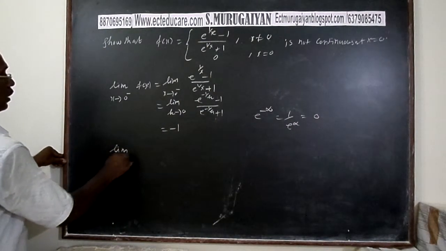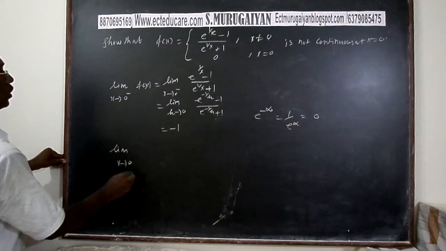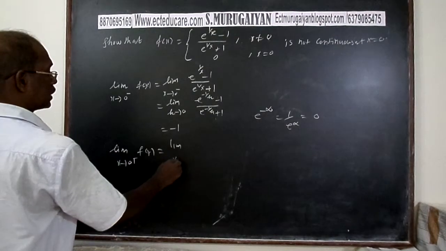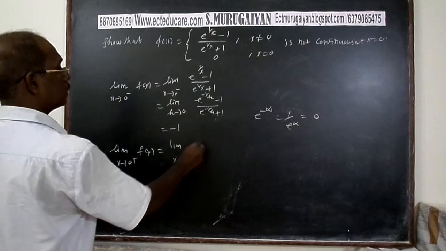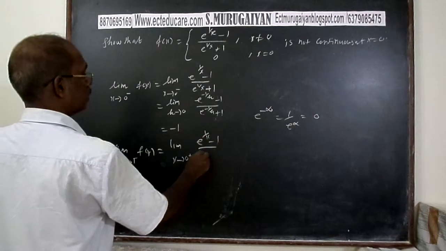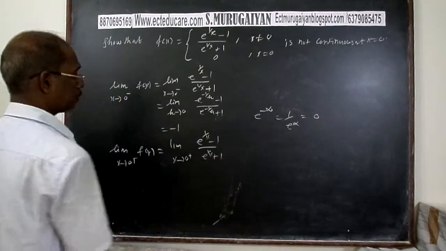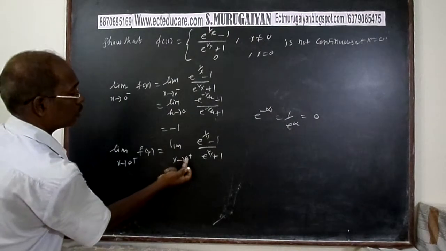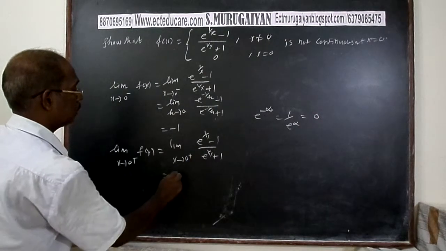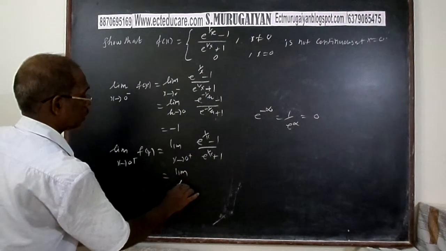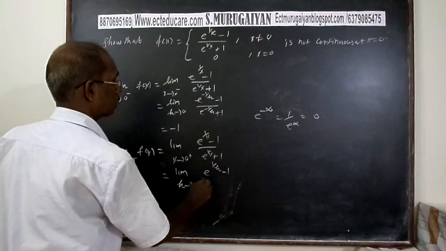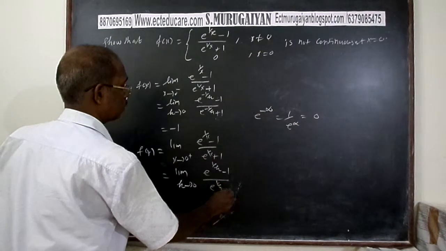Then limit x approaches 0 plus f of x is equal to limit x approaches 0 plus (e power 1 by x minus 1) by (e power 1 by x plus 1). If we want to eliminate the superscript plus, introduce the smallest positive number h, h approaches 0, (e power 1 by h minus 1) by (e power 1 by h plus 1).